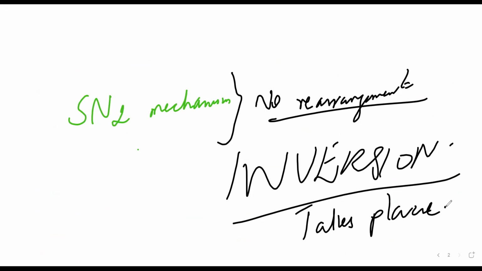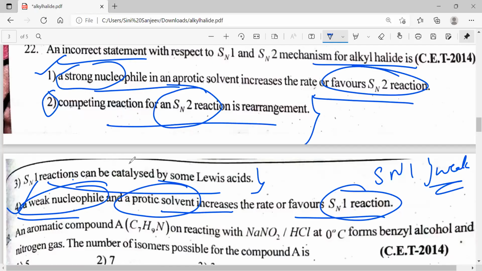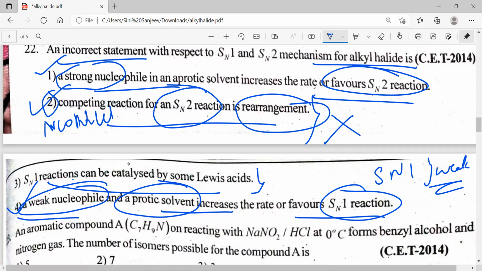So in theory, everything will be plain, correct? Whereas in MCQ type, we have to apply those things. They will give something similar to inversion, like rearrangement, but that is not true. Rearrangement doesn't take place. What takes place? Inversion of the configuration takes place in SN2 mechanism. Yes. So option 2 is the right answer. This is my incorrect one.